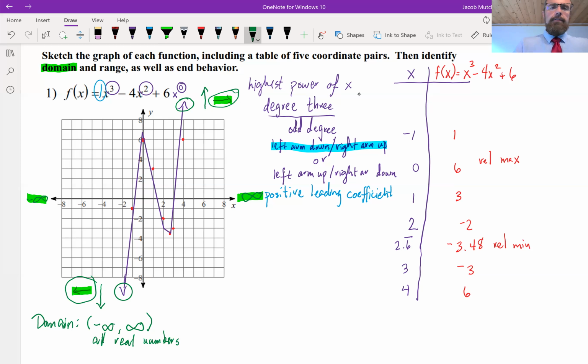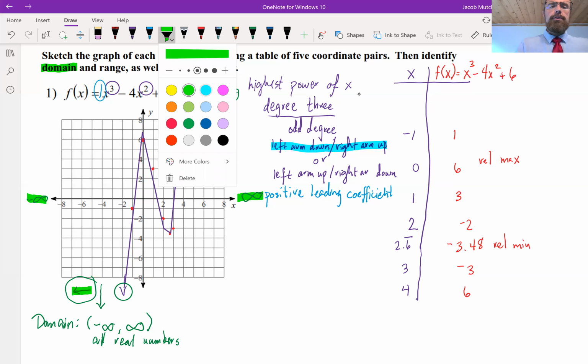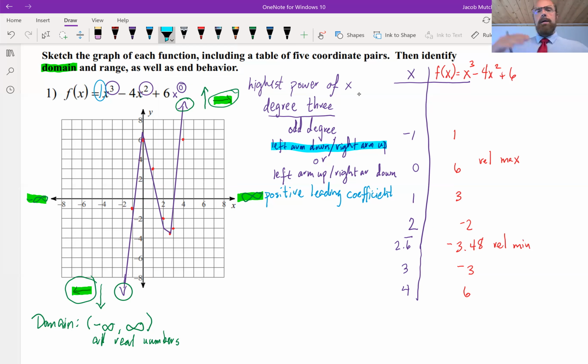For the range, what we'd noticed with even degree functions was that there is some starting point or ending point, a relative or an absolute maximum or an absolute minimum. So I'm looking here at this example as well. Remember, range is a description of the y values. I don't appear to have any absolute maxes or absolute minima.